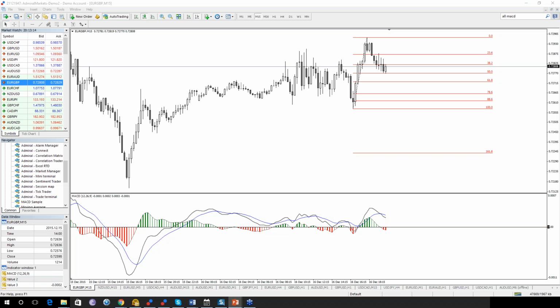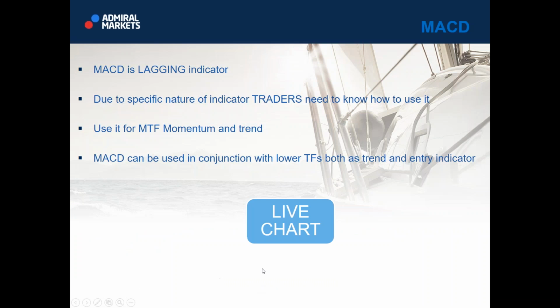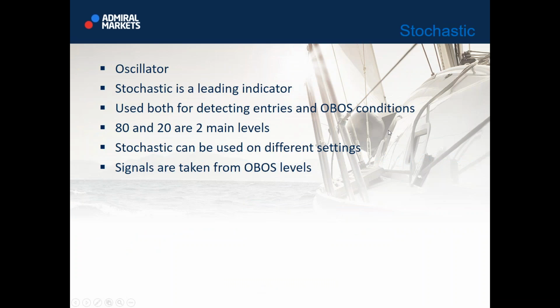Okay, so let's move to stochastic now. Stochastic is an oscillator. I personally do not use stochastic to show me a trend. I already explained that we use lagging indicators to show a trend. Leading indicators are used for entries and overbought and oversold conditions.